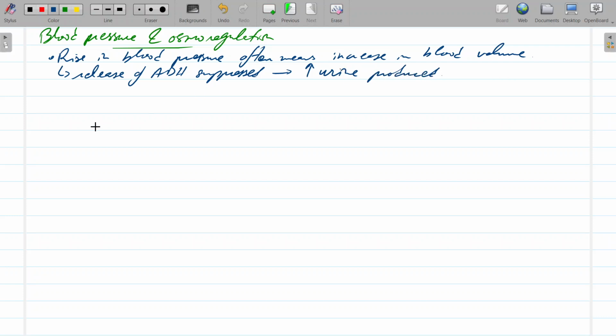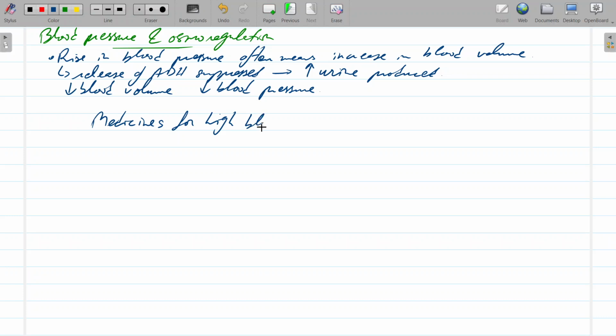Water is lost, and so that would bring the blood volume down and thereby bring the blood pressure down. And that is why medicines that are taken for the control of high blood pressure are called diuretics.